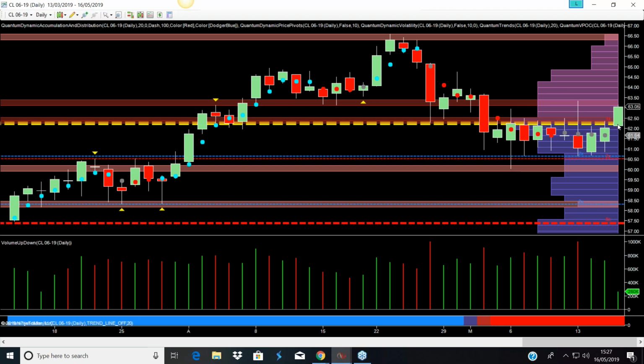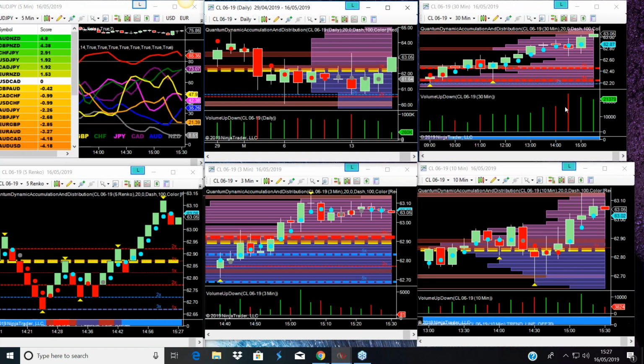But today it's been a really positive update. So what oil is trying to do, if you like, is make a break in one direction or another, and that is what we're seeing at the moment. So the bias for oil based on the daily chart is to the upside.